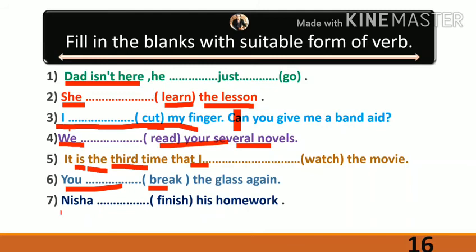It means some action is recently completed, but it is connected with the past and now with the present. Nisha is the subject, and finish is the first form, so we write: "Nisha has finished her homework."